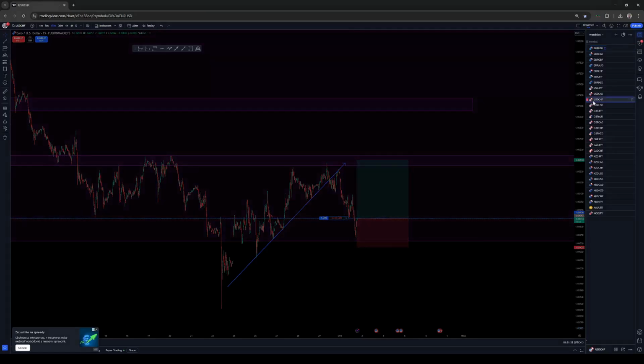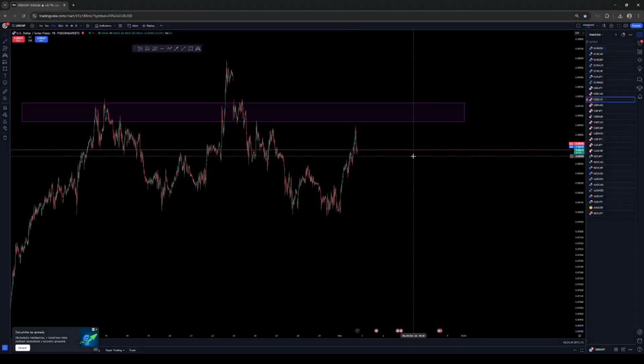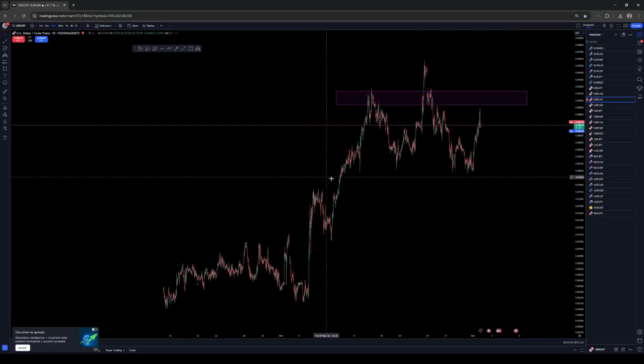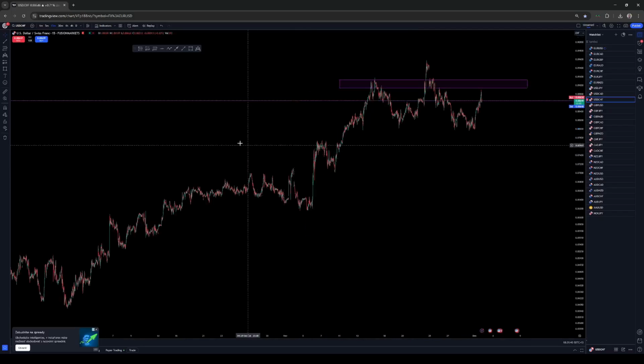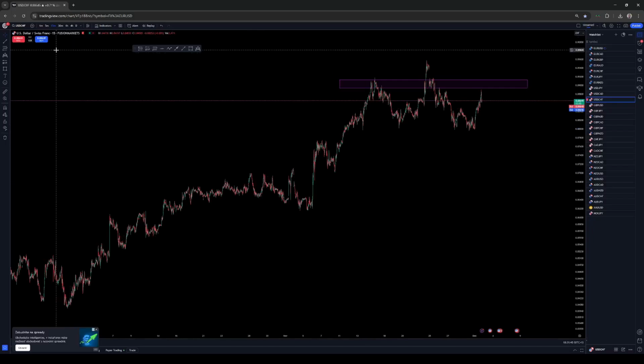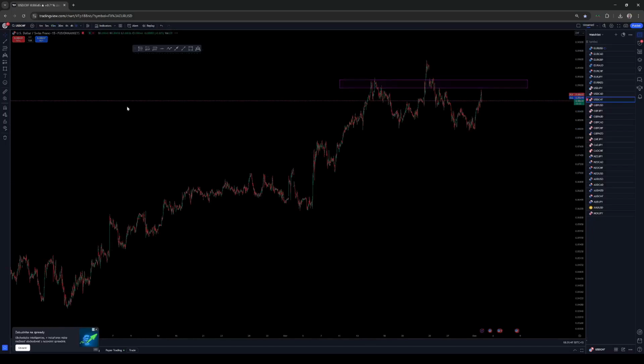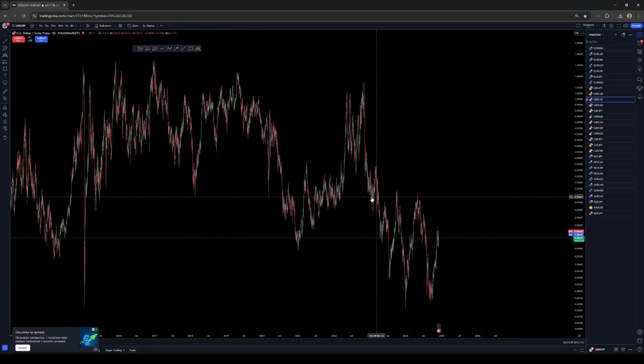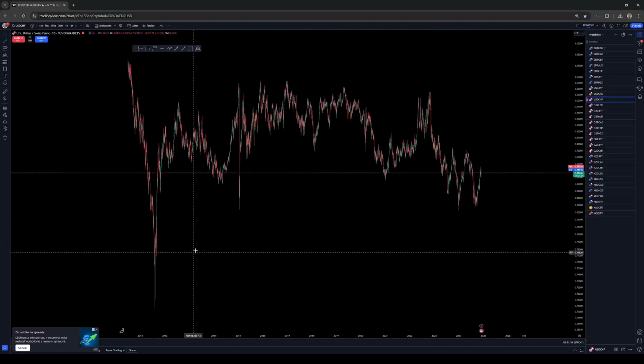And what else? I've noticed a similar scenario on USD CHF, the Swiss franc. It's almost the same concept, except that it's not exactly the same.